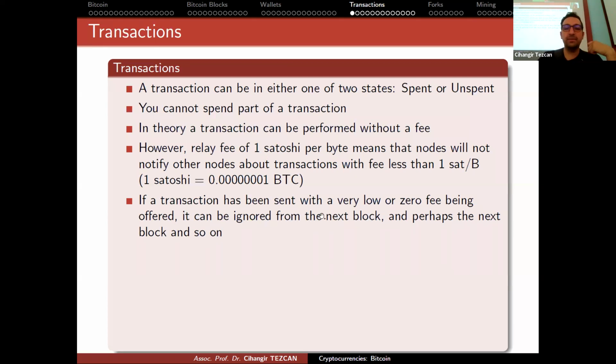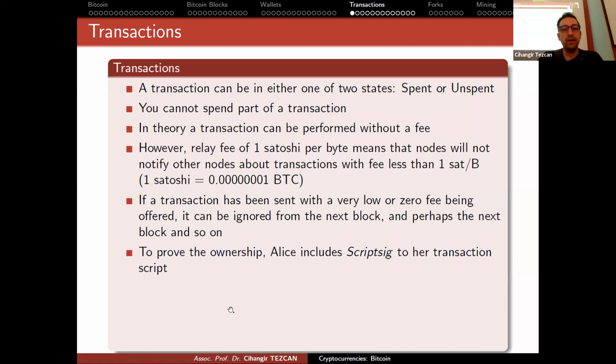If a transaction has been sent with a very low or 0 fee being offered, it can be ignored from the next block and perhaps the next block and so on. So if you pay a very small fee, maybe your transaction will be valid in the following days, but not instantly. This is why people prefer to pay more fees if they want to make the transaction as soon as possible.